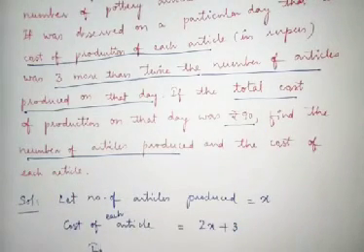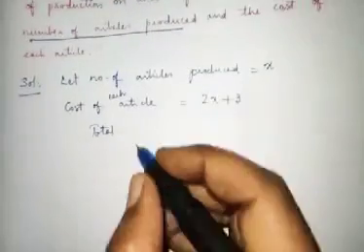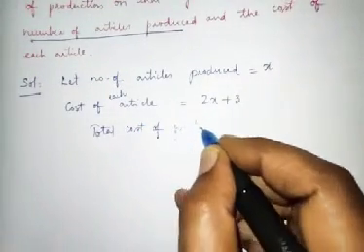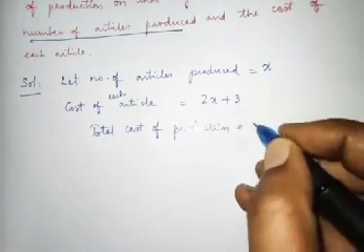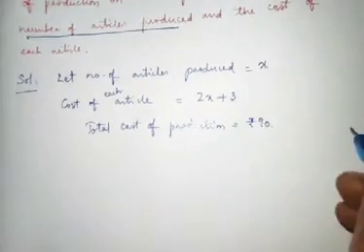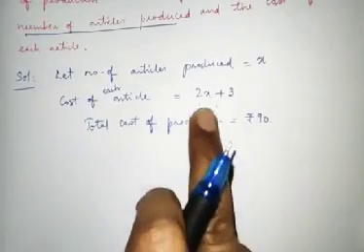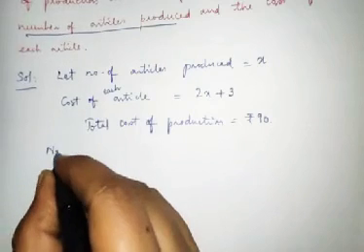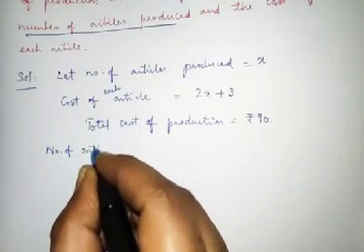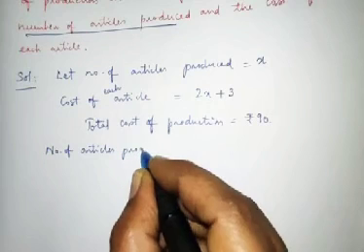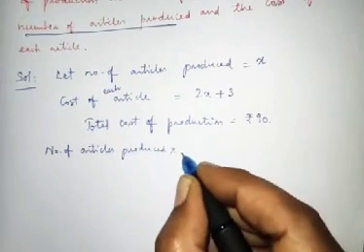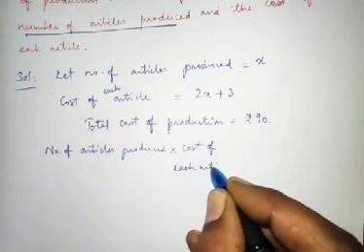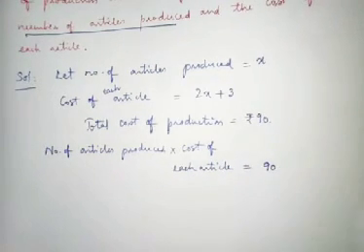So write that total cost of production is equal to rupees 90. Total cost of production means what? The number of articles produced times the cost of each article, that will be equal to 90 rupees.